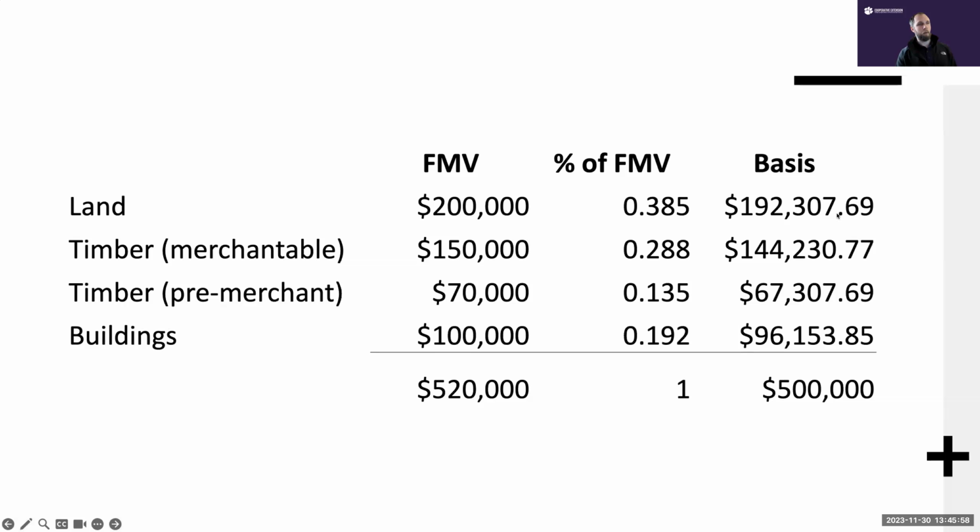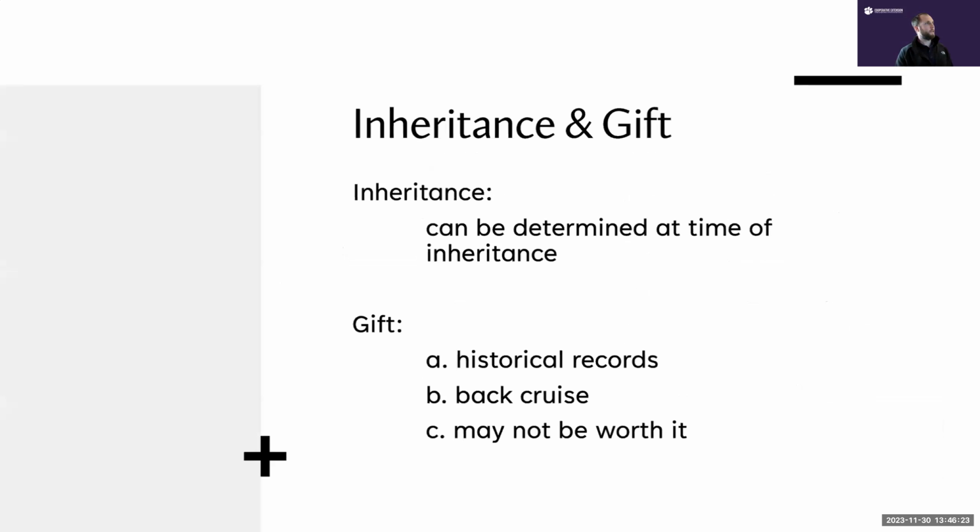We multiply that by our original sales price of 500,000, and that gives us our basis for the land. It gives us the basis between all of these different assets. So in this case, we've got 144,230 for the merchantable timber, 67,307 for the pre-merchantable, and so on. So that is in the case of a purchase.